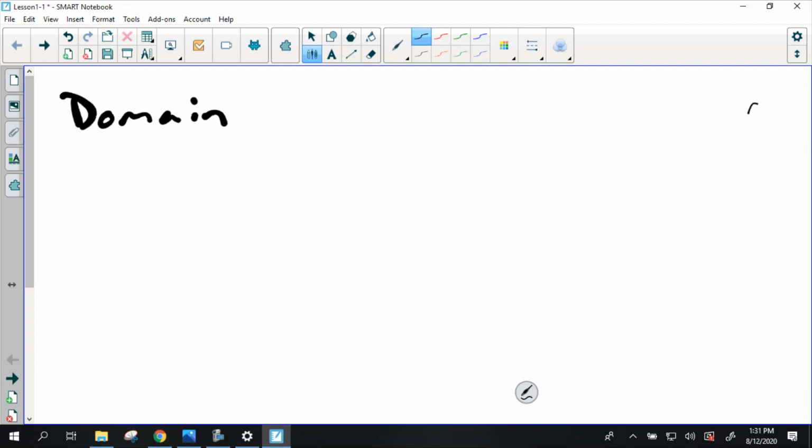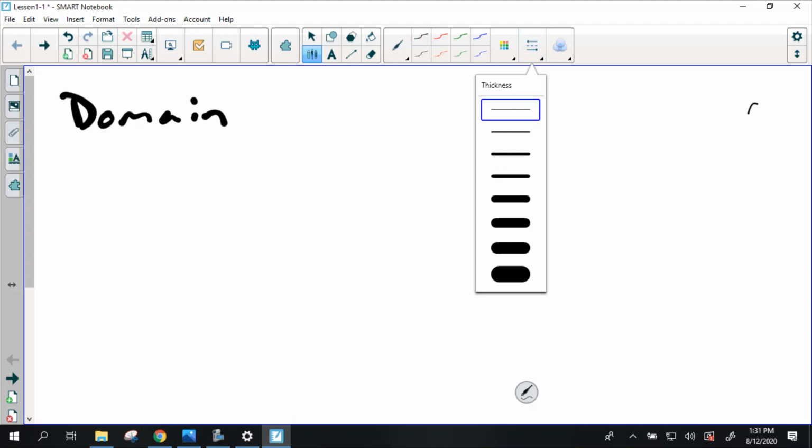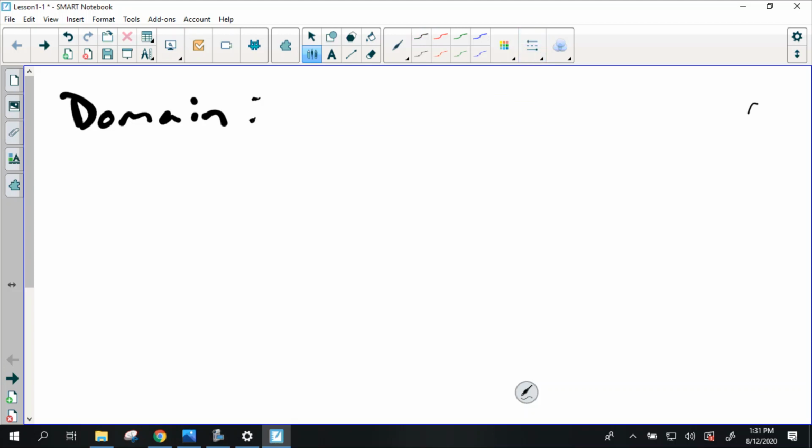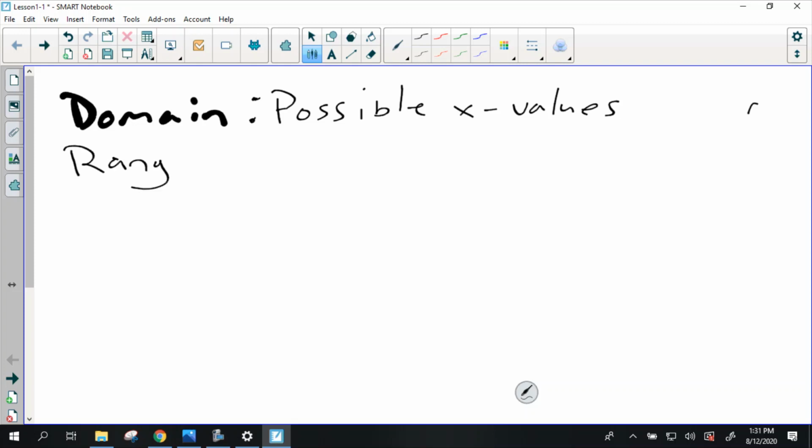So domain, in layman's terms, is all of your possible x values, and your range is your possible y values.